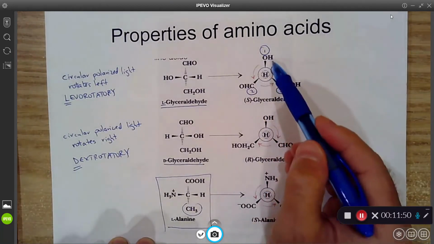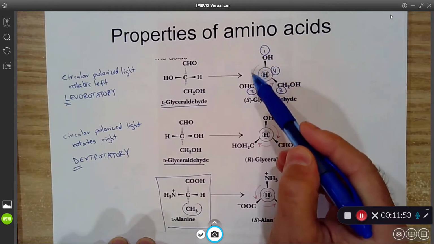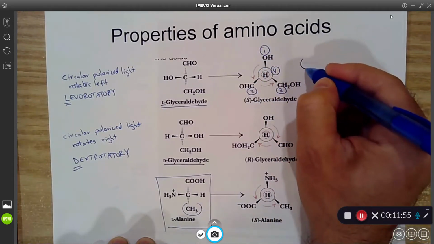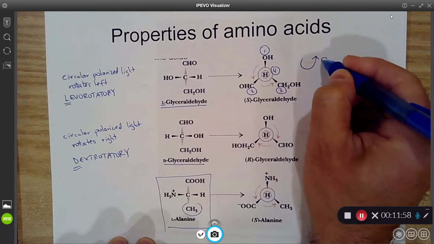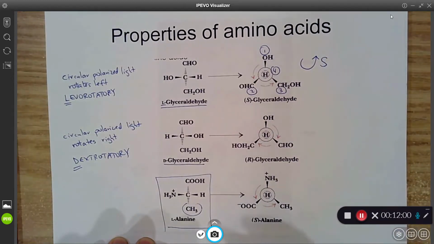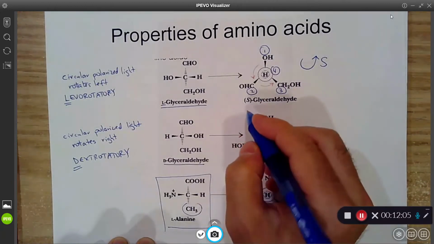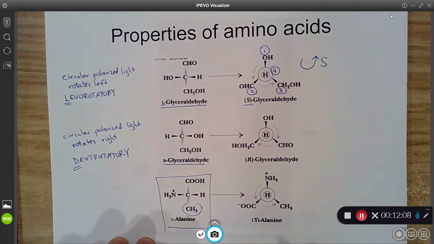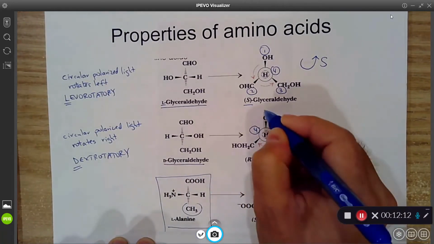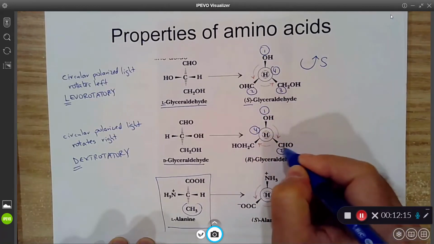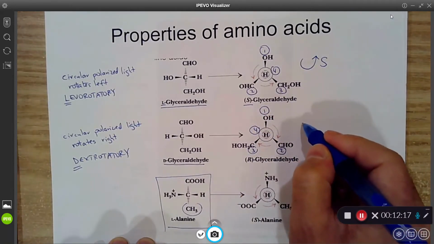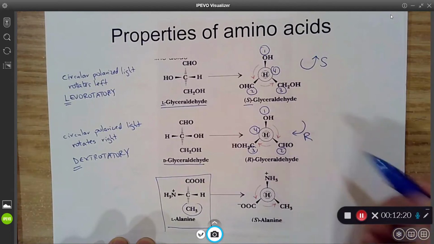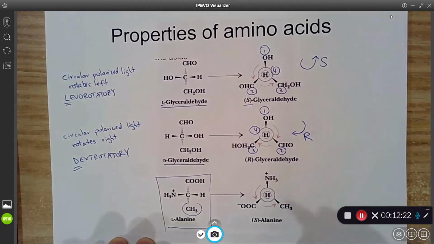If you go from 1st, 2nd, and 3rd, you'll notice that this goes counterclockwise. You've learned that if it goes counterclockwise, this is known as S configuration. So L-glyceraldehyde is also known as S-glyceraldehyde. Conversely, for D-glyceraldehyde, if you add your priority groups 1, 2, 3, you will now go in the clockwise motion. Now, this is where it gets a little bit confusing.